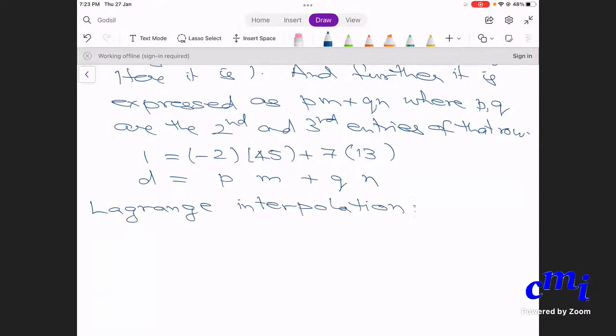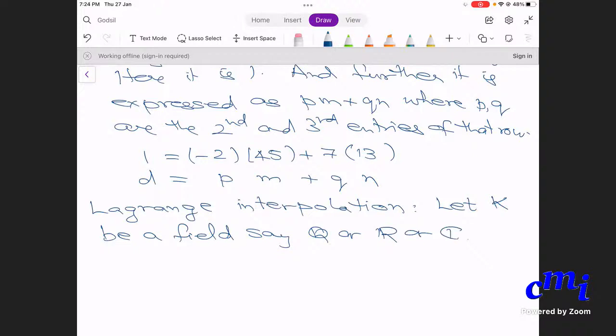So here the setting is slightly different. We are not working over integers, we are working over a polynomial ring in one variable. So let K be a field. Let's say Q or R or complex numbers, something like that.